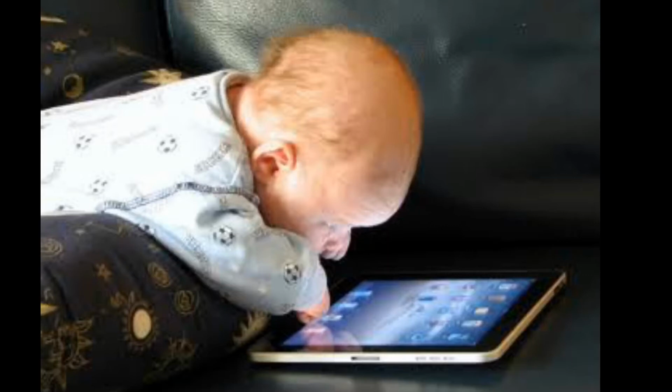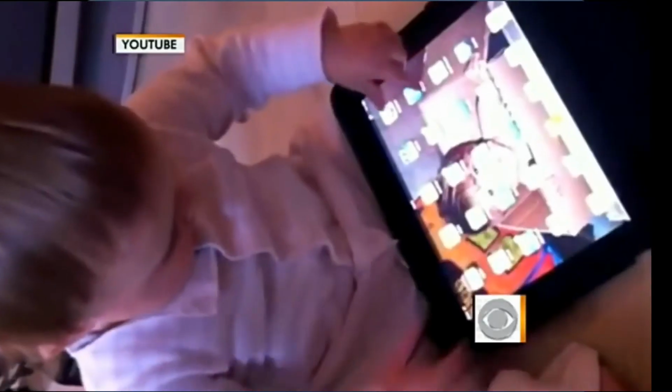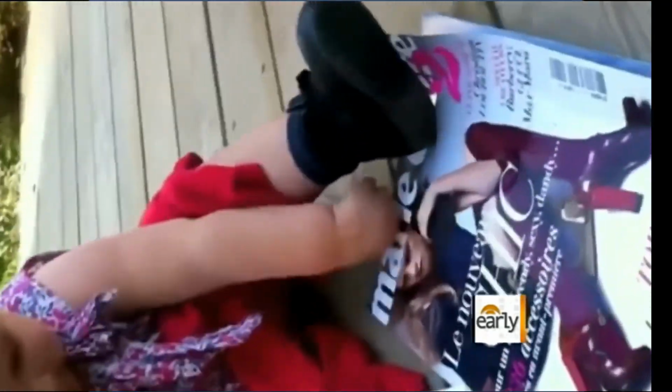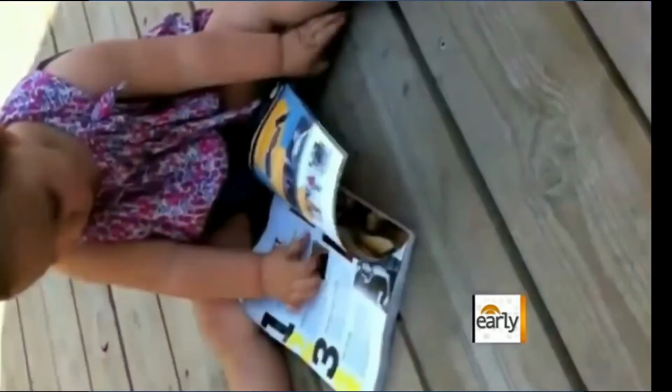After a while, he was, as they say, a digital native, right? One day, I saw him trying to interact with an actual magazine, and it seemed strange to him because he was trying to swipe the pictures, and he got frustrated because he didn't know that he had to turn the pages.